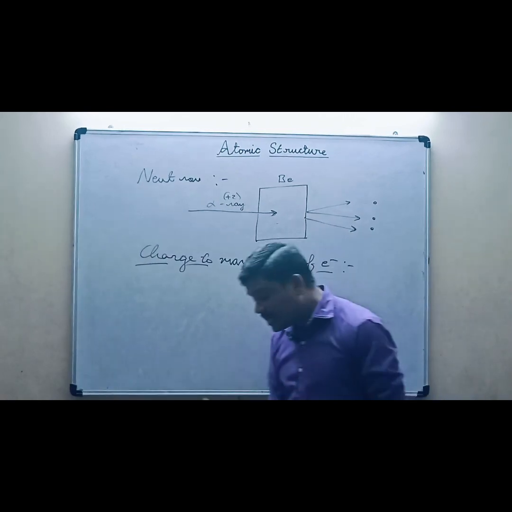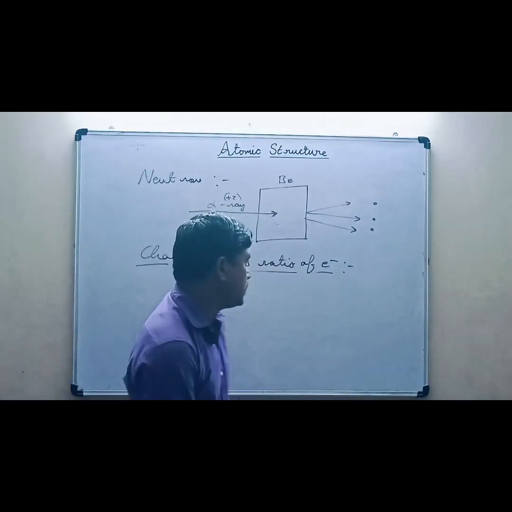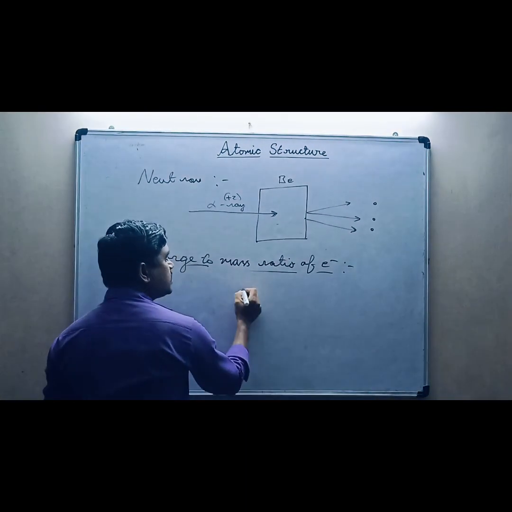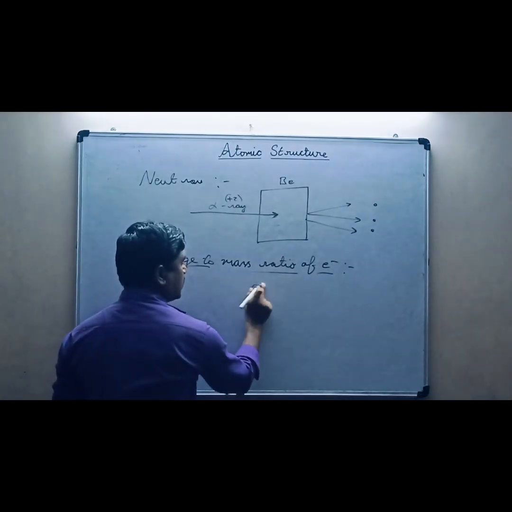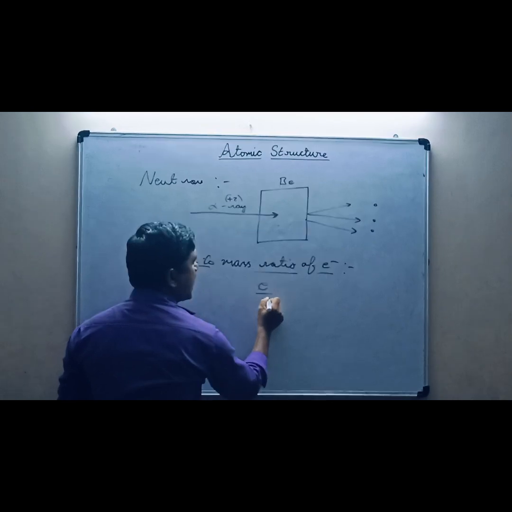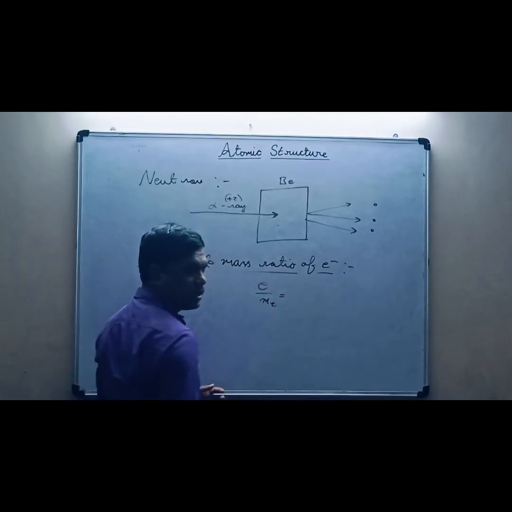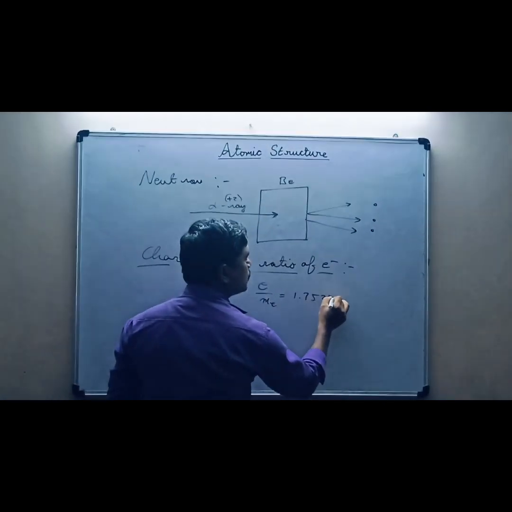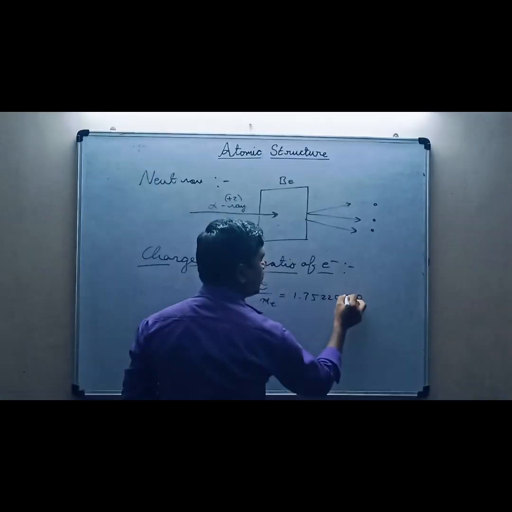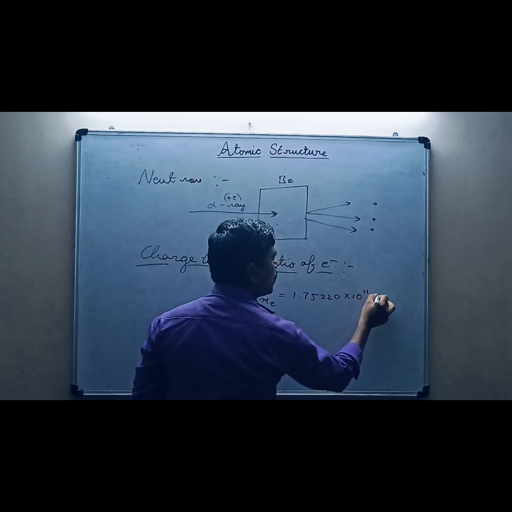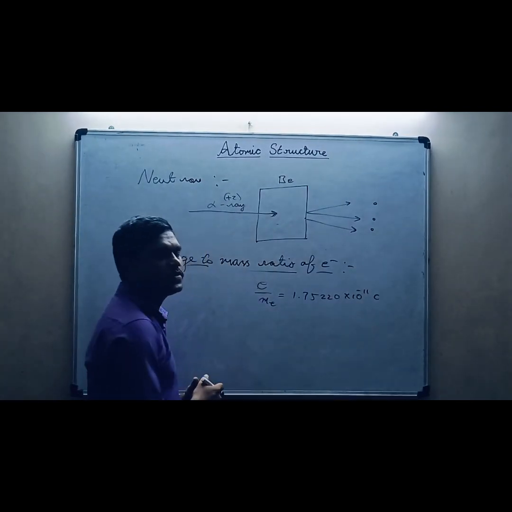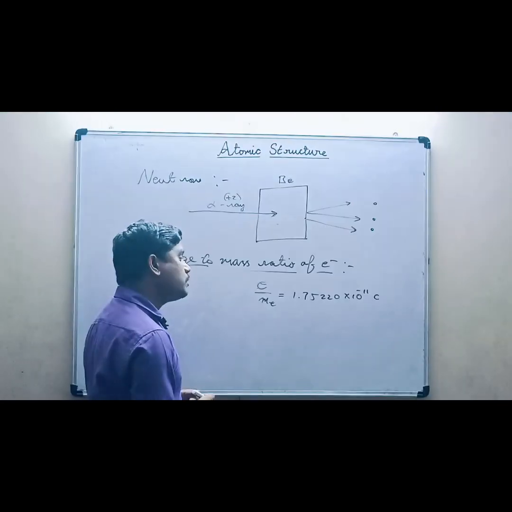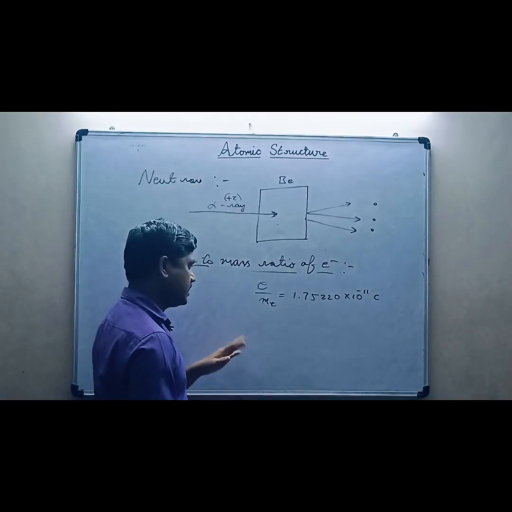So based on their deviation, the scientist J.J. Thomson could find that the charge to mass ratio of the electron is around 1.75 into 10 to the power of 11 coulomb per kilogram. So this was found by J.J. Thomson, that the charge to mass ratio of the electron is this.